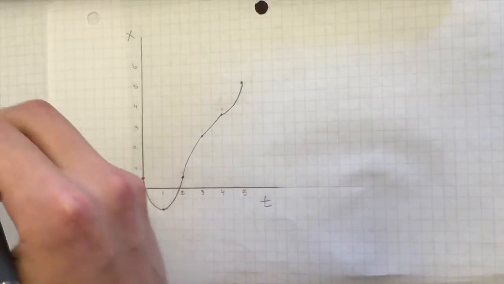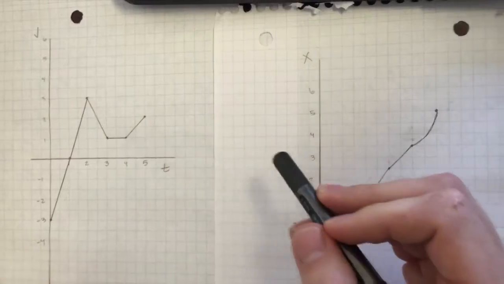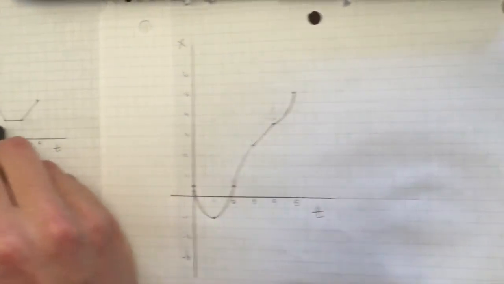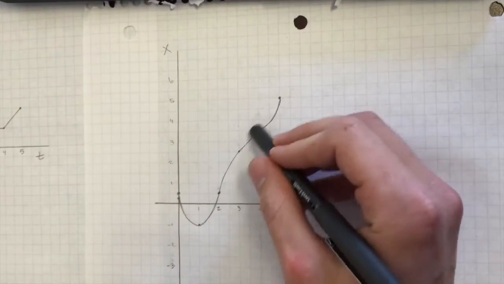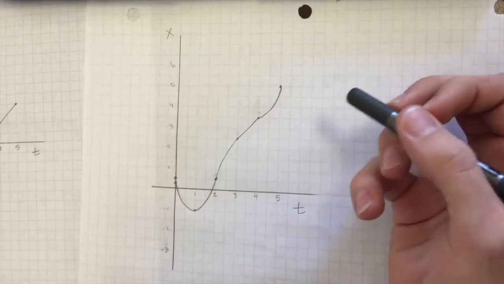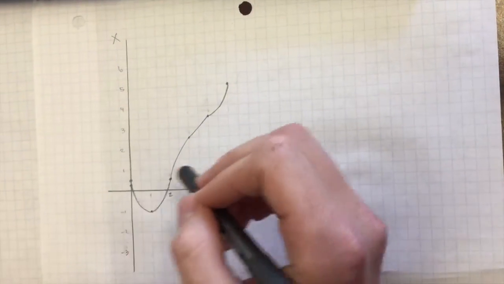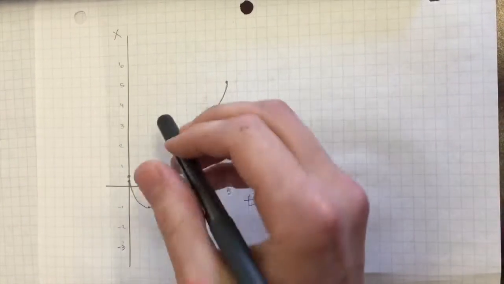And since the slope of the velocity graph is 0, we know that this slope will be constant, so it's just a straight line from 2.5 to 3.5.